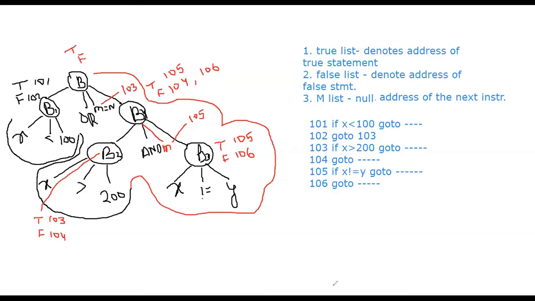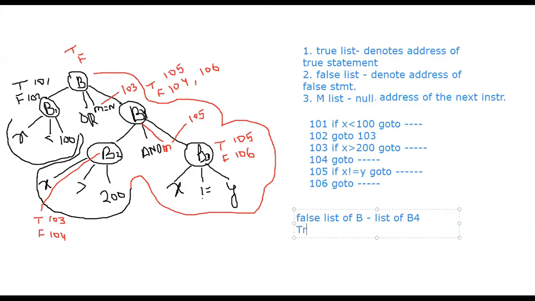Now there is a rule for B. What is the rule? The false list of B will contain the same as the list of B4. You have to copy the list of B4 to the B as it is, right?